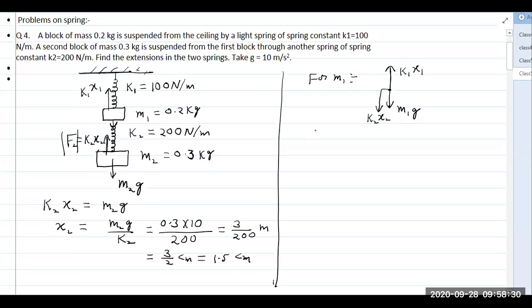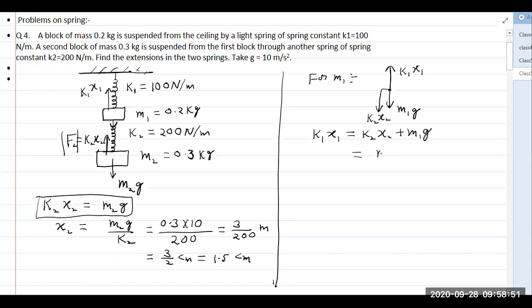Now if we equate these, because the system is in equilibrium, we can write K1x1 equal to K2x2 plus M1G. We know that K2x2 is equal to M2G, which we have written here.